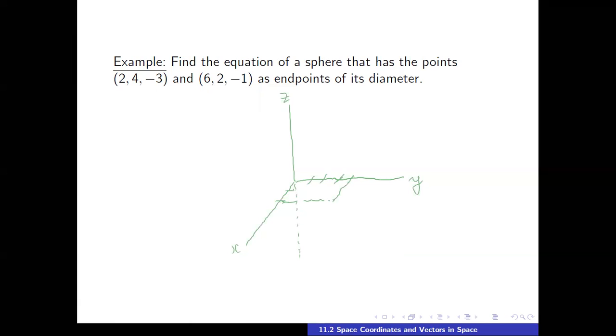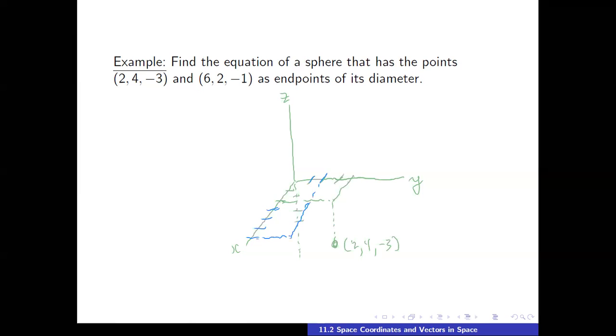So let's go 1, 2, 3. Here's the point 2, 4, -3. Okay. Let's use a different color now. 6, 2. So 1, 2, 3, 4, 5, 6, 2.